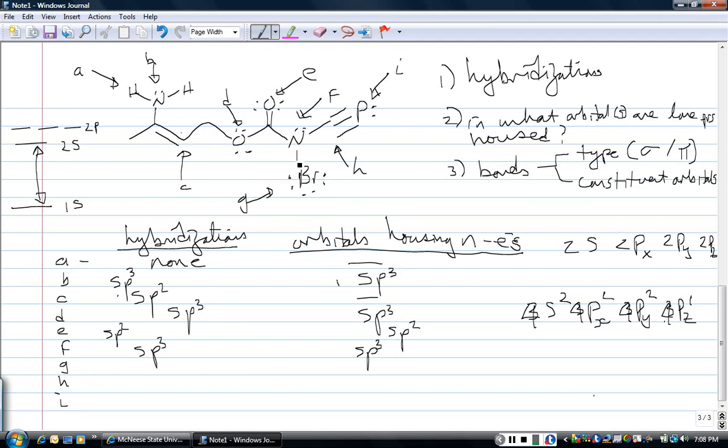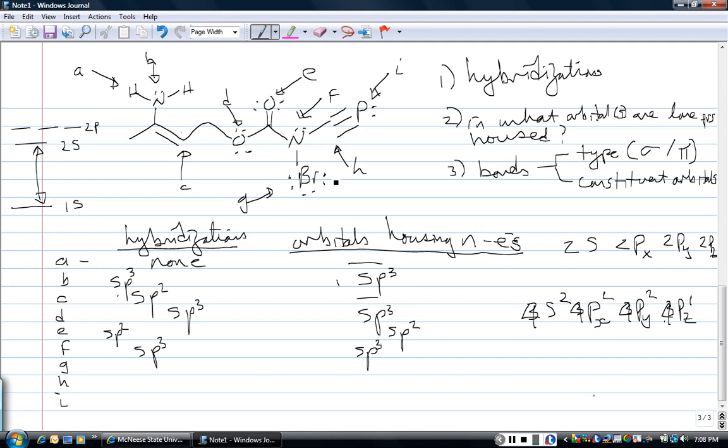Okay? Now remember, a p orbital can form a sigma bond. Sigma does not mean I can't use p. In other words, p orbitals can either form pi bonds if they overlap side-on, or they can very easily form sigma bonds if they overlap end-on. So it's not true that p orbitals are doomed to form pi bonds. Okay?